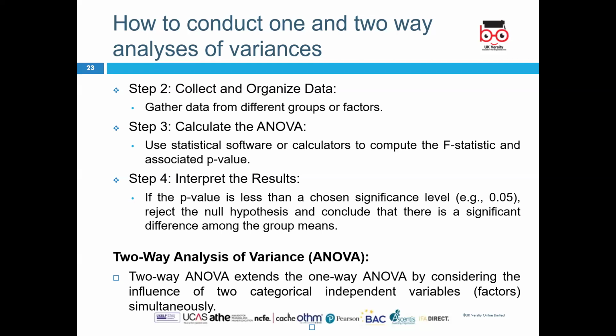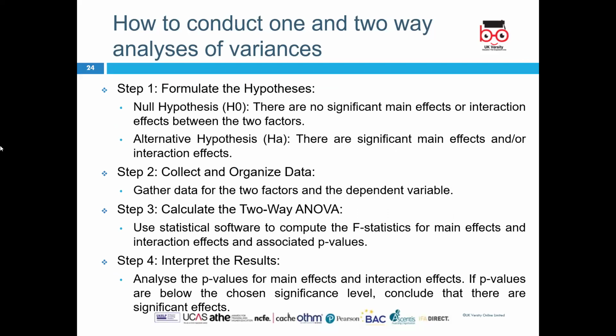The next one is two-way analysis of variance. In this, the statistical test of ANOVA is carried out by considering the influence of two categorical independent variables or factors. Step one is to formulate the hypothesis.